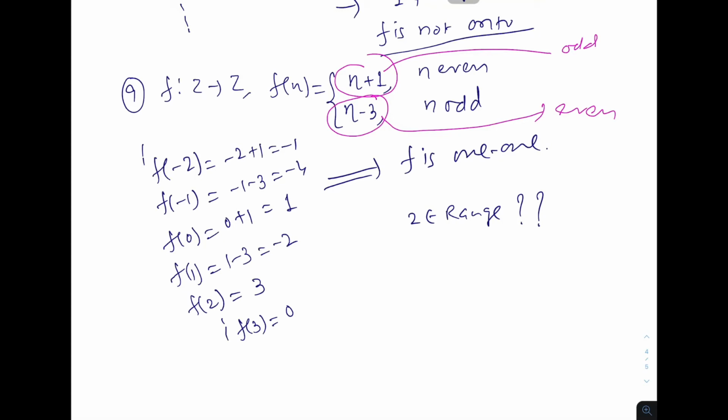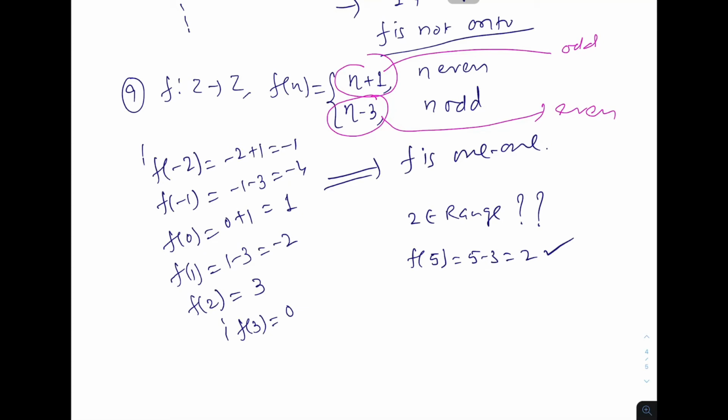If it is there, it will be here itself, because 2 is even. So it's there in the range, because if I take 5, which is odd, 5 minus 3 is 2, so 2 is in the range.